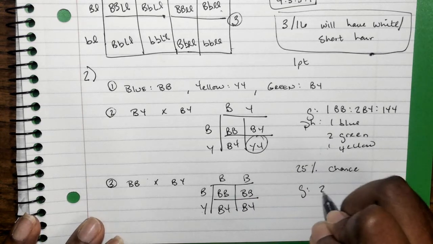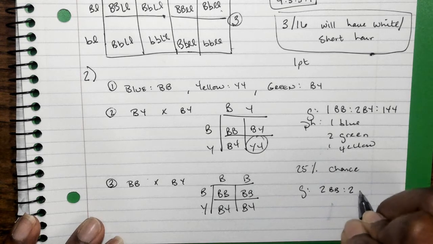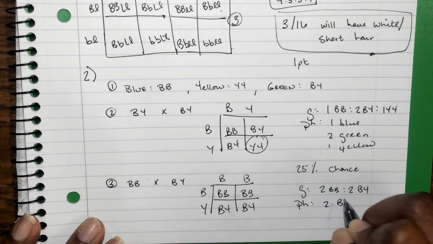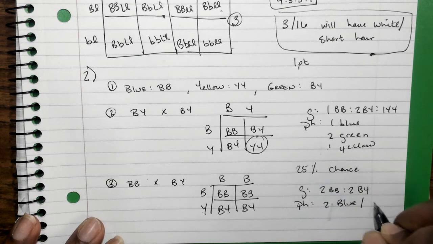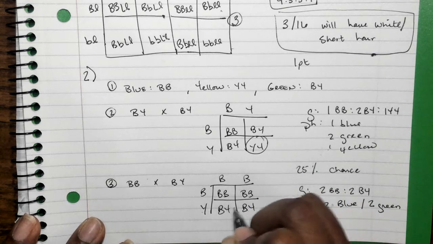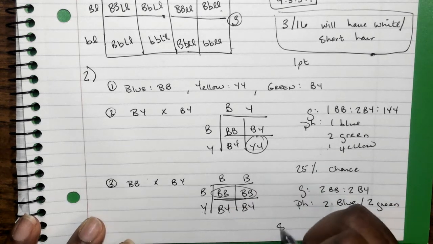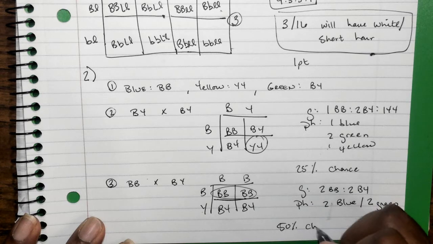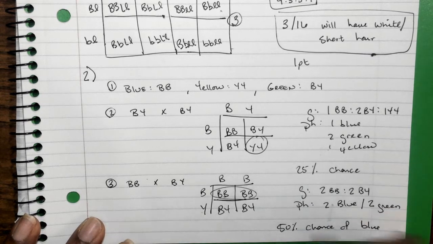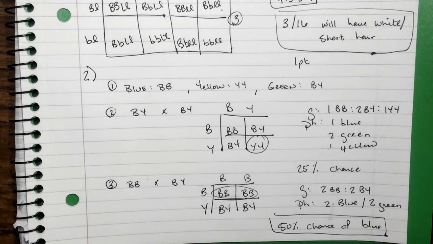The genotype ratio is 2 big B to BY. The phenotype ratio is 2 blue and 2 green. And so what is the chance? Well, these 2 blue tell you that it is a 50% chance of blue. And there's your answer.